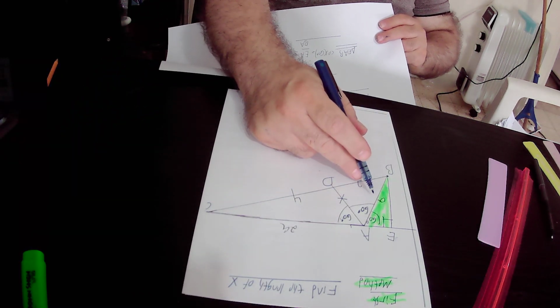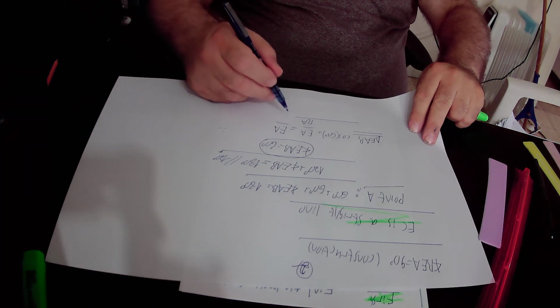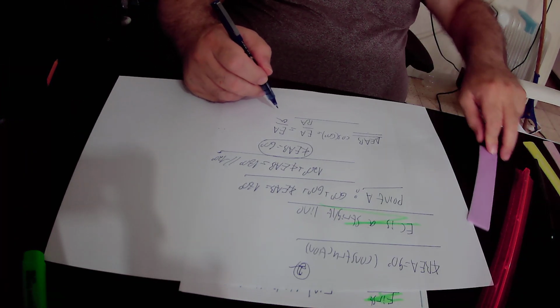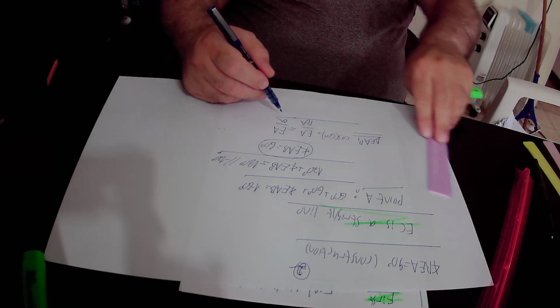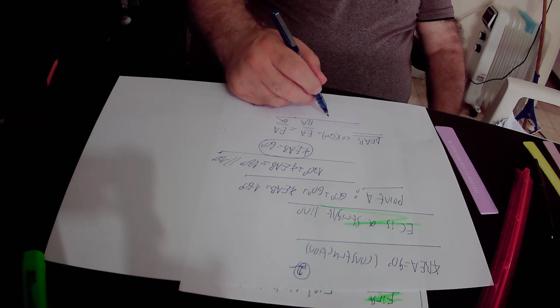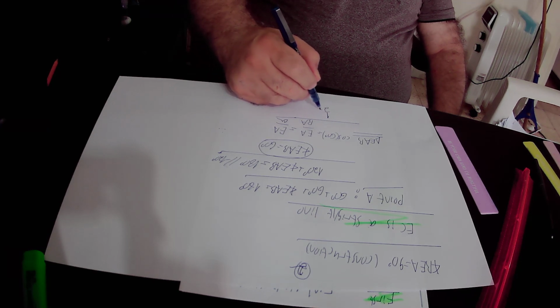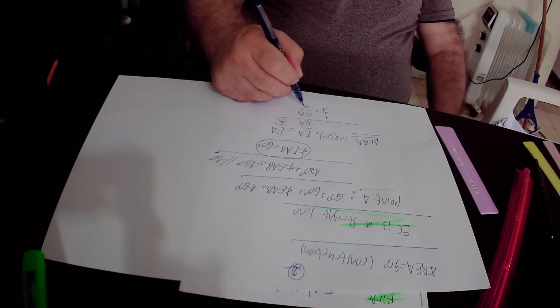BA equals A according to what is given in the question, so we'll substitute BA by A. Cosine 60 degrees is equal to 1 half, so we substitute cosine 60 degrees by 1 half, and it is equal to EA over A.